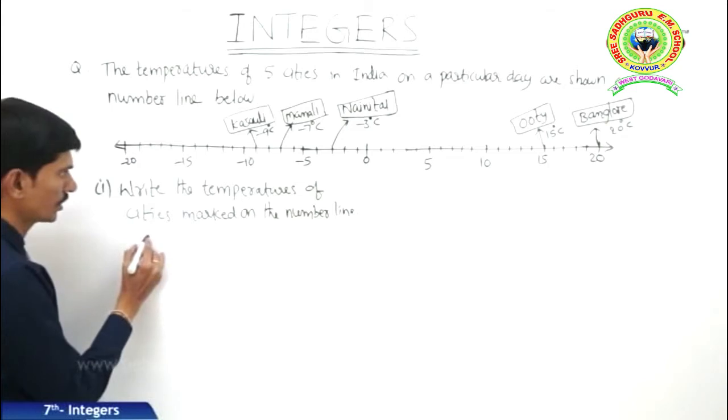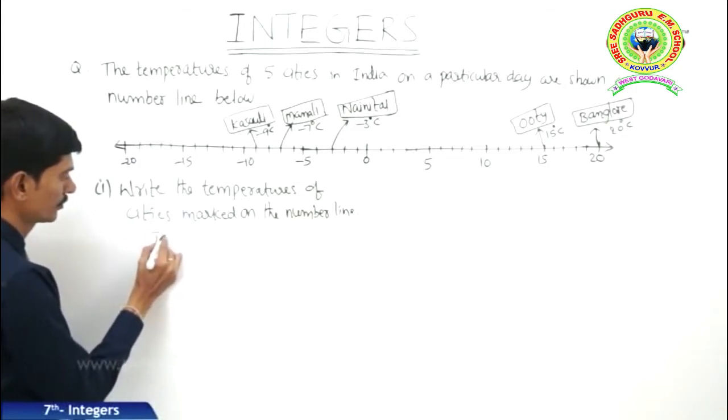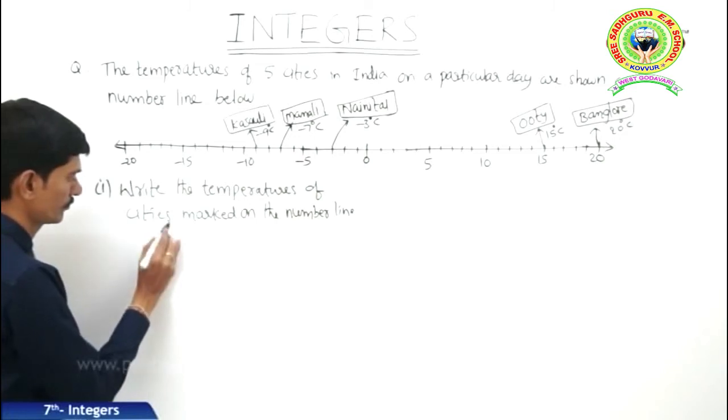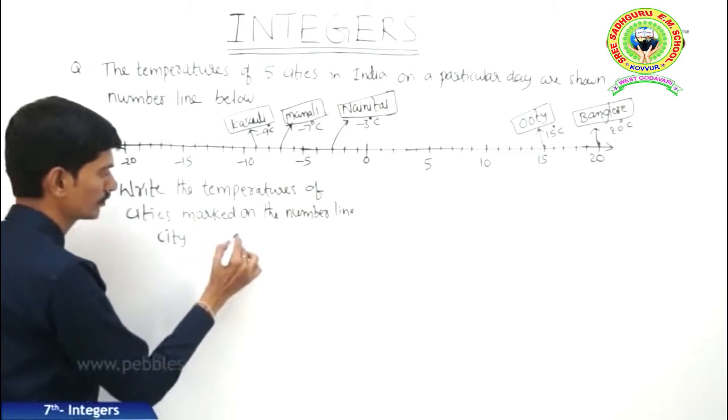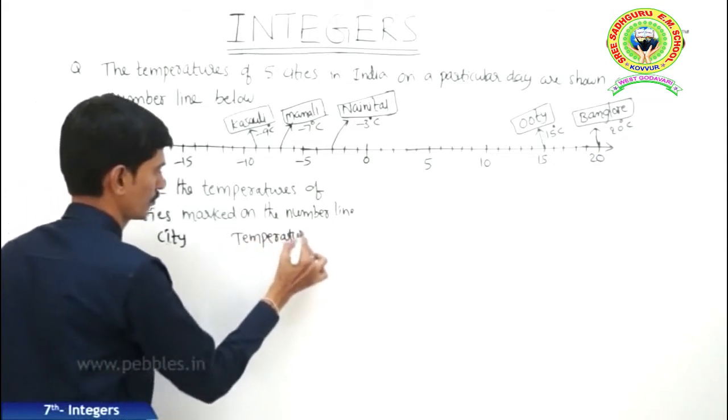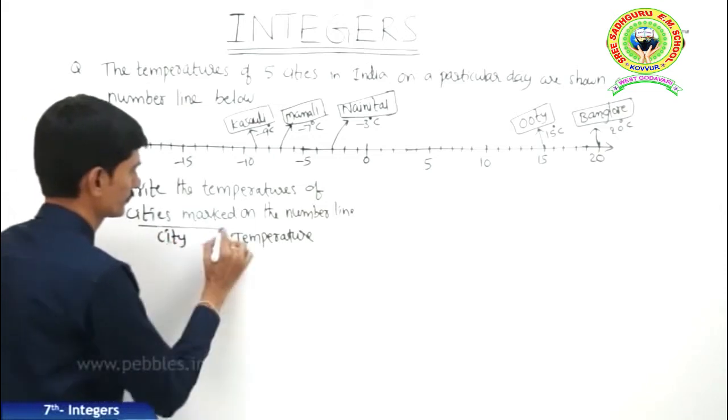In the first column we will take city, and in the second column we take temperature.